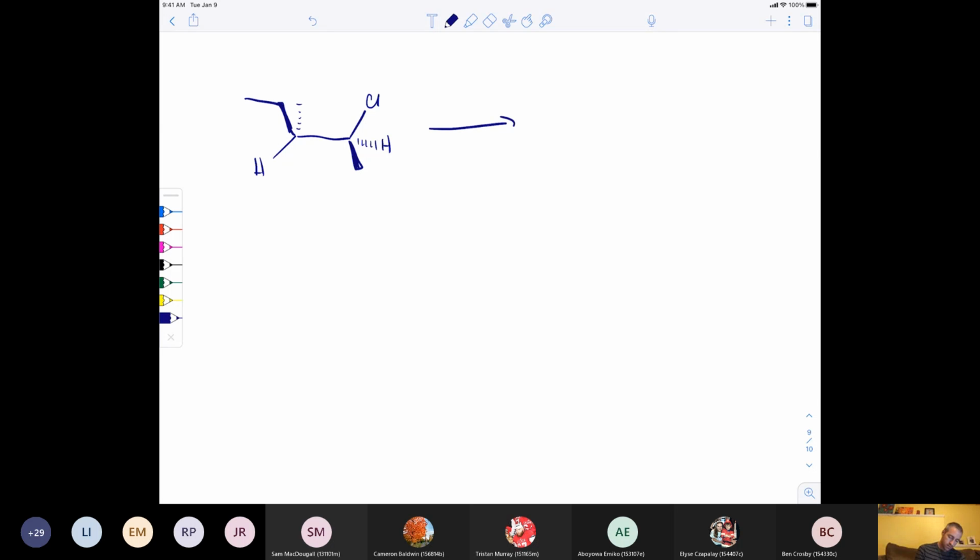And so here we have a small alkoxide and we have heat. We have methanol as our solvent. And this is going to do an E2. And because it's small, we're going to do Zaitsev.